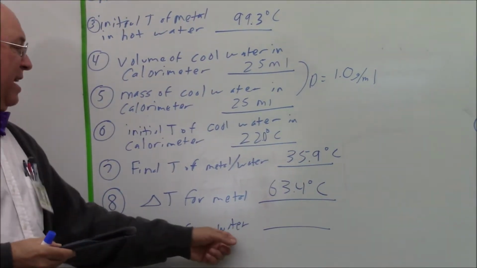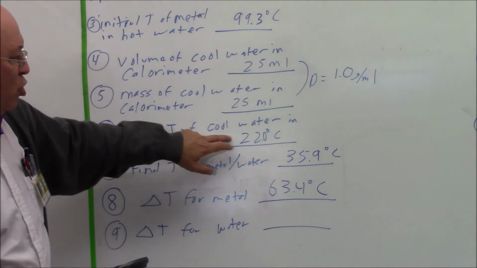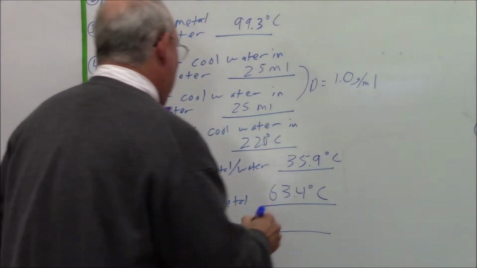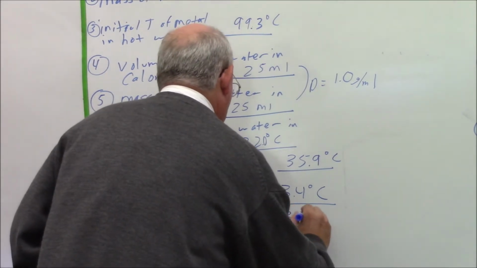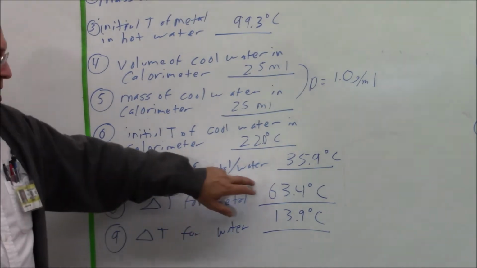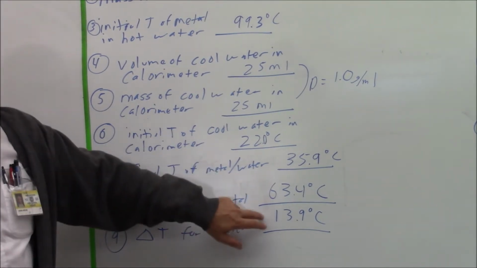The water in the calorimeter started out at 22 degrees and warmed up to 35.9, so that went up by 13.9 degrees. You'll notice that the metal underwent a much larger temperature change than the water.